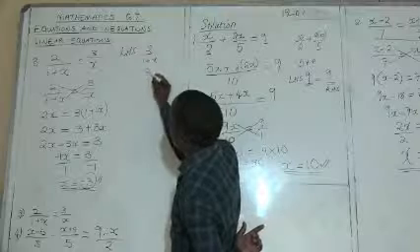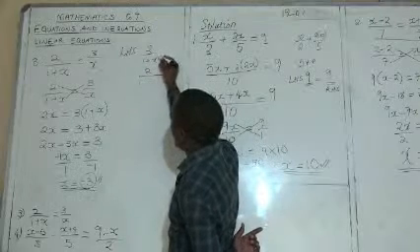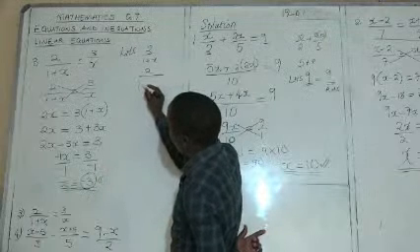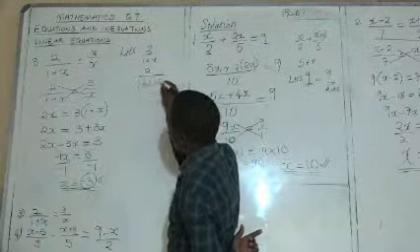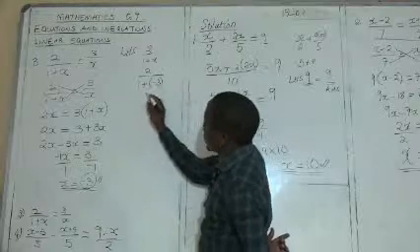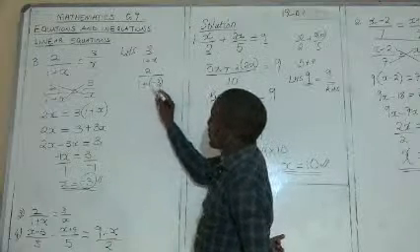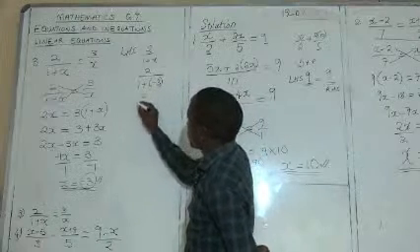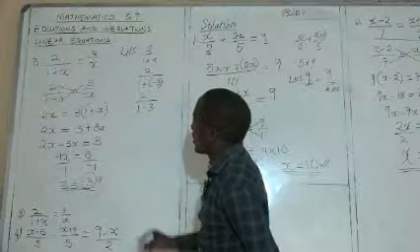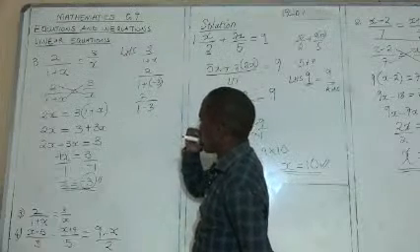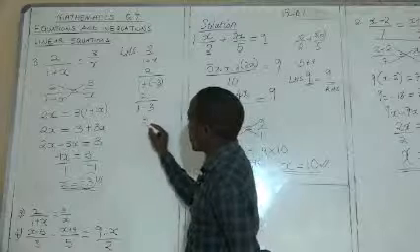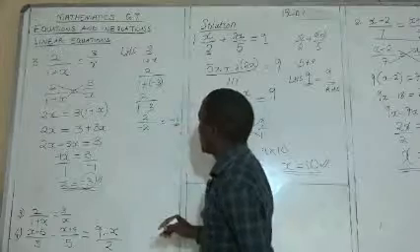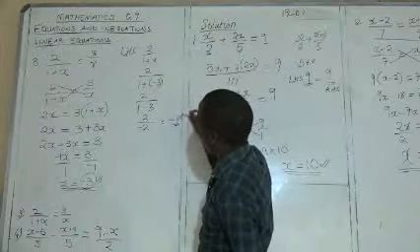So this will be 2 over 1, and since x is negative, we say plus then minus 3. Positive times negative gives you a negative, so we say 2 over 1 minus 3. So 1 minus 3 is negative 2, so this will be 2 over negative 2, giving you negative 1. So on the left hand side we have negative 1.